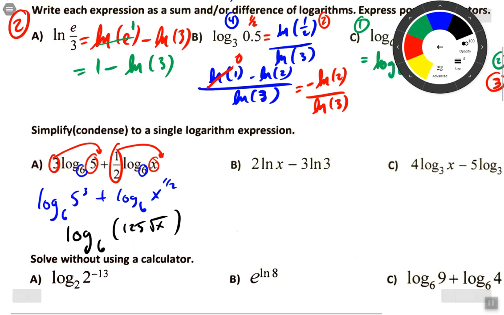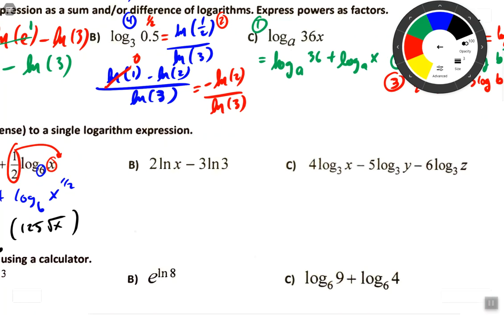What do I do with the coefficients? We're going to make this the power. And then, Kevin, if I'm subtracting, what do I do? What property is it? Maybe you ought to start paying attention.